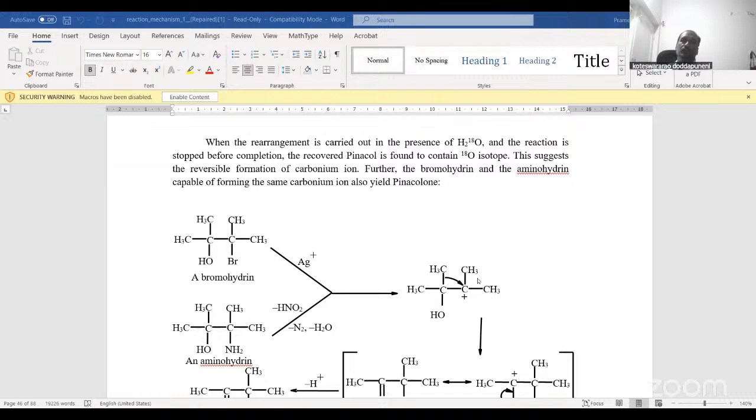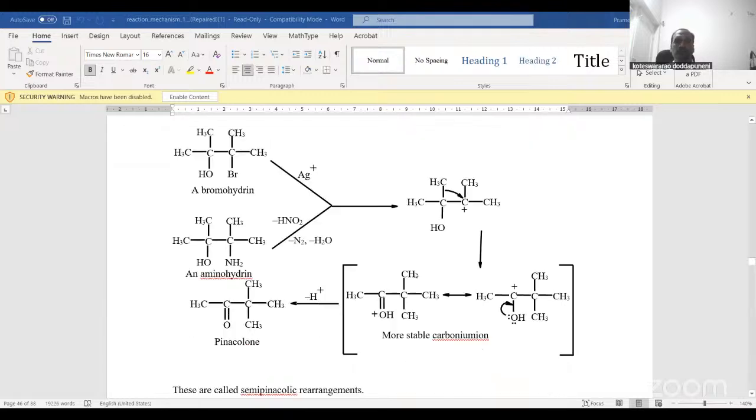Further, the bromohydrin and the aminohydrin, capable of forming the same carbonium ion, also yield pinacolone. For example, the bromohydrin is treated with silver ion, which leads to the formation of the carbocation. This carbocation is also generated by the aminohydrin treated with nitrous acid, by elimination of nitrogen gas.